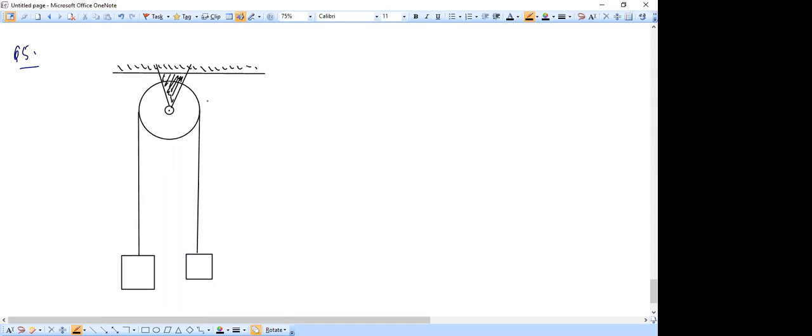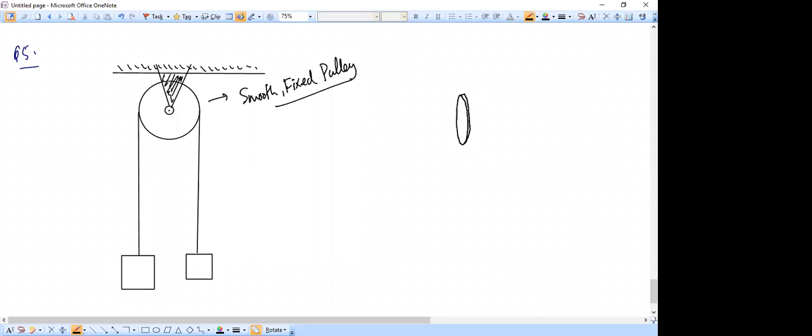So the pulley is what we call a smooth fixed pulley. So let me explain what a smooth fixed pulley means. So in the three-dimensional diagram of a pulley, it looks something like this.